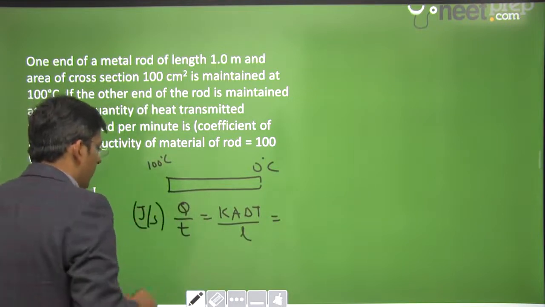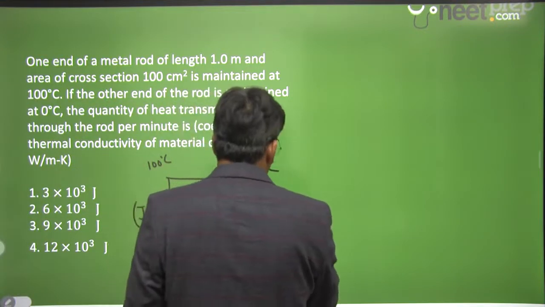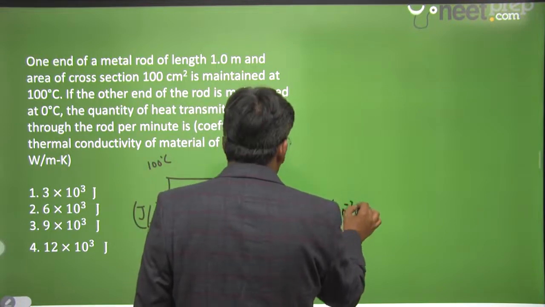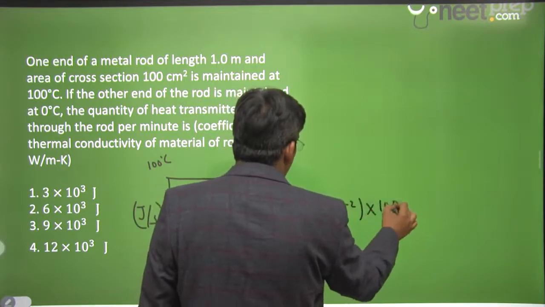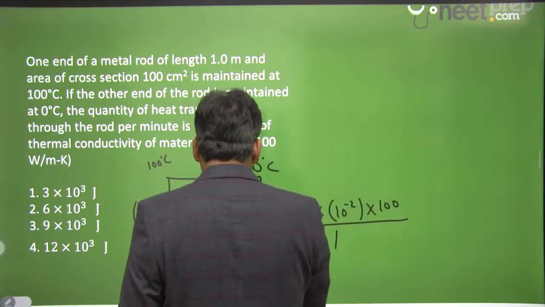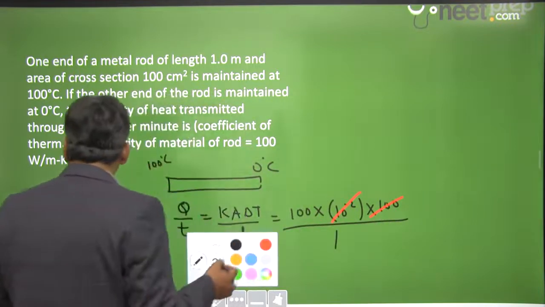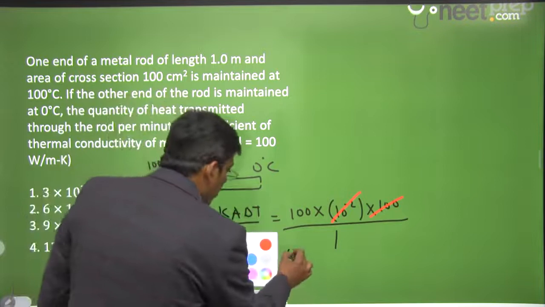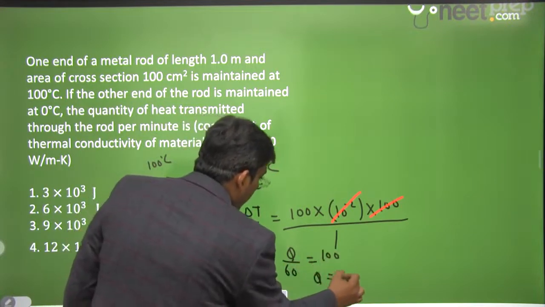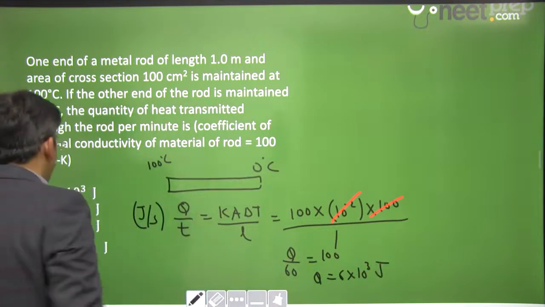K is given to be 100. Area, converting into meter square, becomes 10 to the power minus 2. The temperature difference is 100. Length is 1. So we get the rate of flow of heat as 100, and in 1 minute, Q by 60 seconds is equal to 100. We are going to get Q as 60 into 10 to the power 3 joules, the amount of heat transferred in 1 minute.